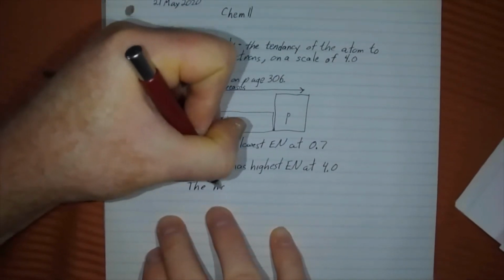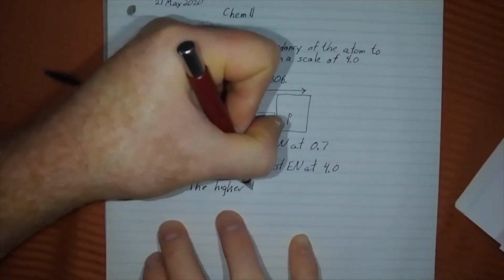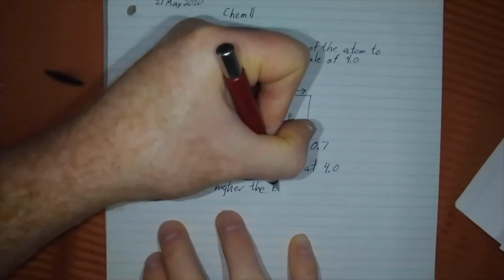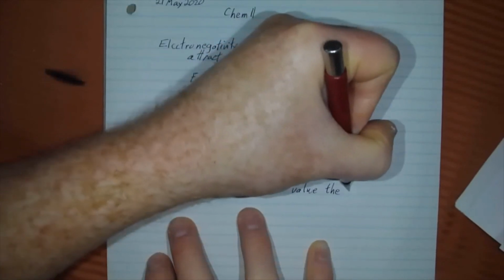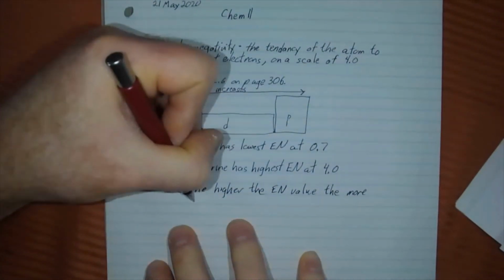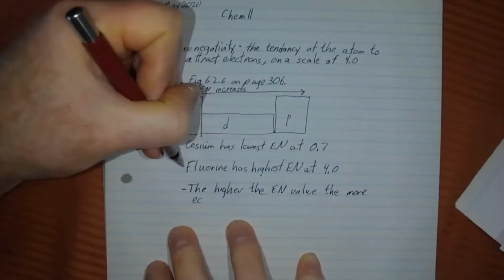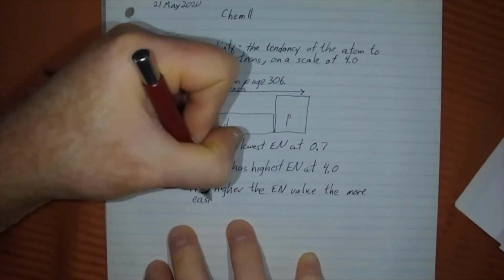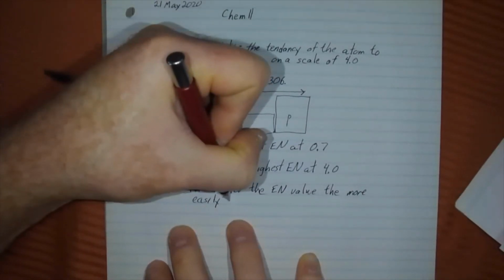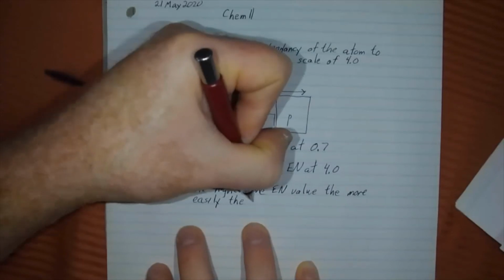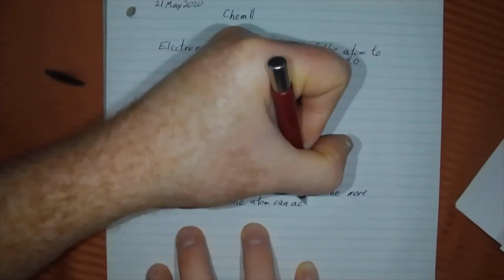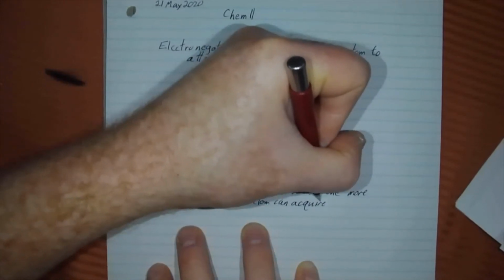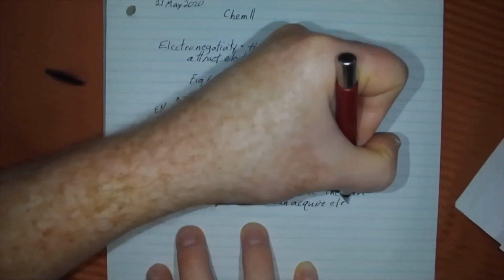The higher the electronegativity value, the more easily the atom can acquire electrons.